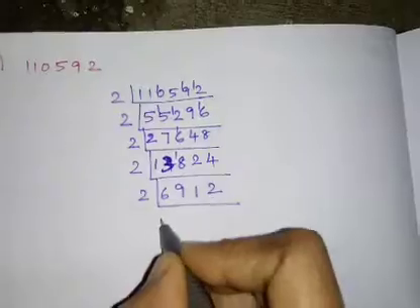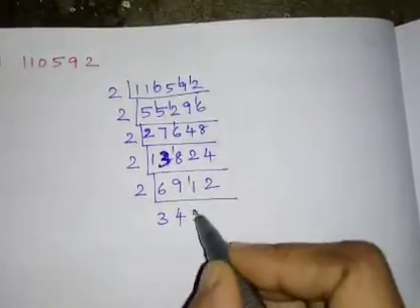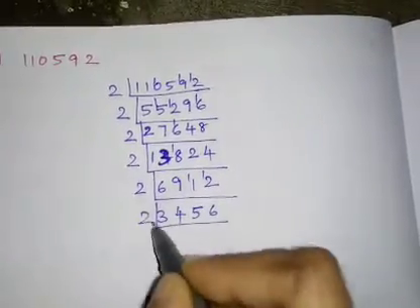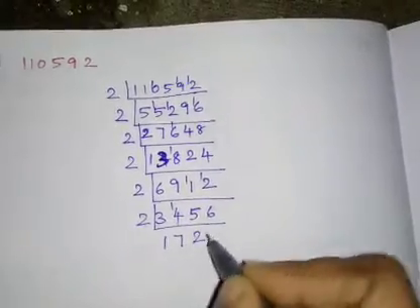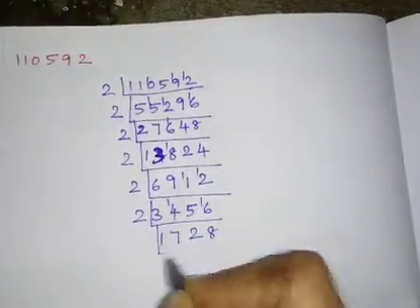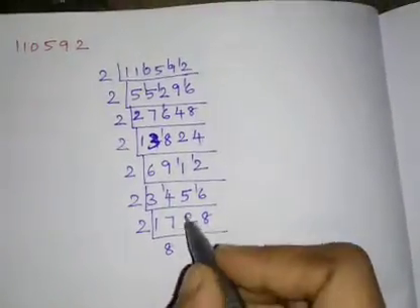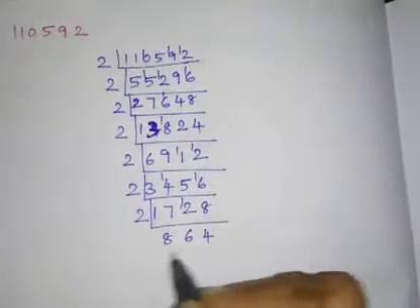Then 2 table, 2 3s are 6, 2 4s are 8, remainder 1, 5 2s are 10, remainder 1, 6 2s are 12. Then in 2 table, 2 1s are 2, 1, 7 2s are 14, then 2 2s are 4, 1, 8 2s are 16. Then in 2 table, 8 2s are 16, remainder 1, 6 2s are 12, then 4 2s are 8.